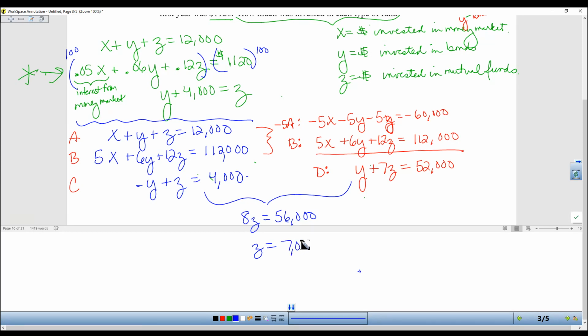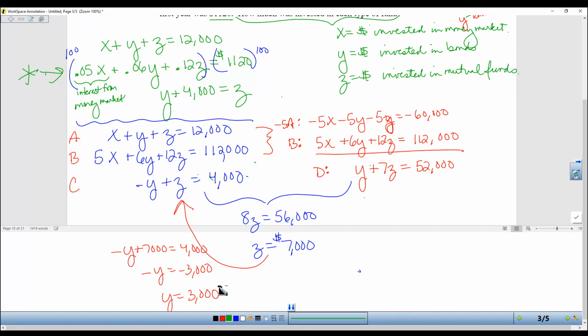So apparently you're putting 7,000 into your mutual funds. Then I take this and I go back a step. So negative y plus 7,000 is equal to 4,000. So negative y is equal to negative 3,000. Y is equal to 3,000.